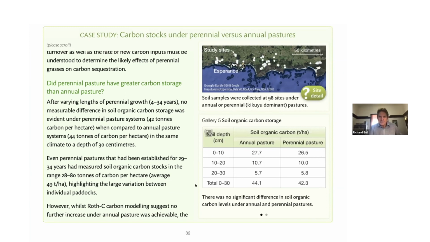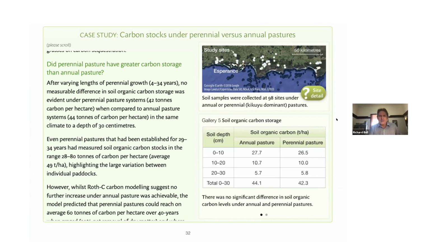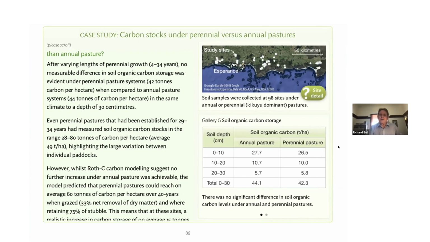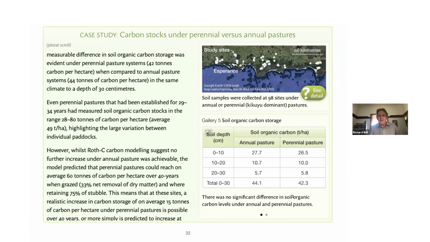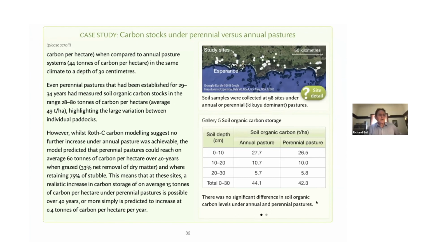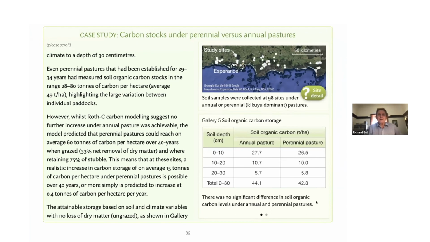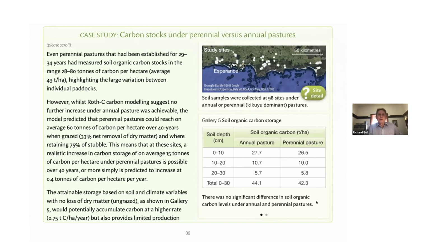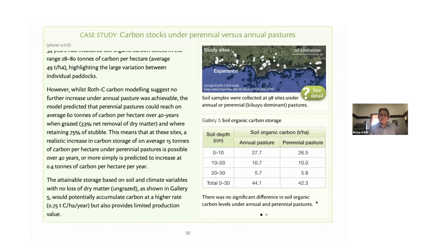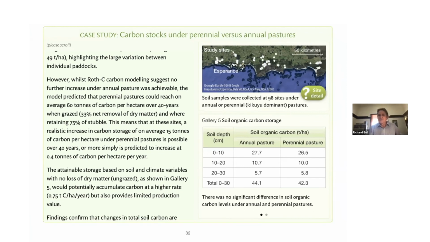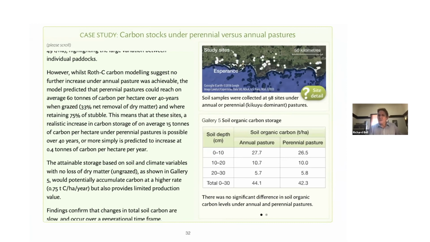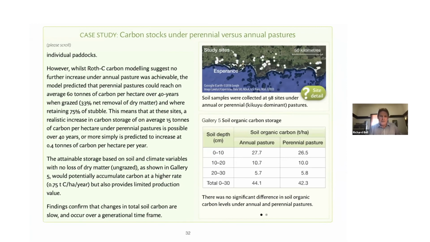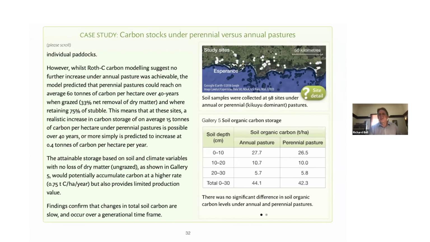They also did some organic matter modelling here, and found that actually under the perennial pasture, if you keep it going long enough, 40, 50 years, you will be able to measure some increase in soil organic matter content, but still not a large amount. And I think that's an important reality check when we're talking about soil organic matter and what's possible and what's not possible.